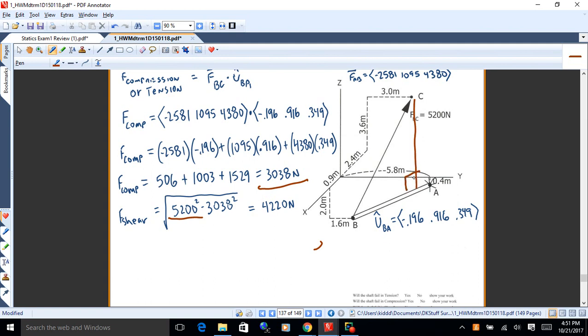You've got the compression, and perpendicular to that is the shear, and the shear and the compression added together as vectors get you the total. So you can take the total squared, the 5200 squared, minus the compression squared, take a square root, and you'll get the shear, 4220.